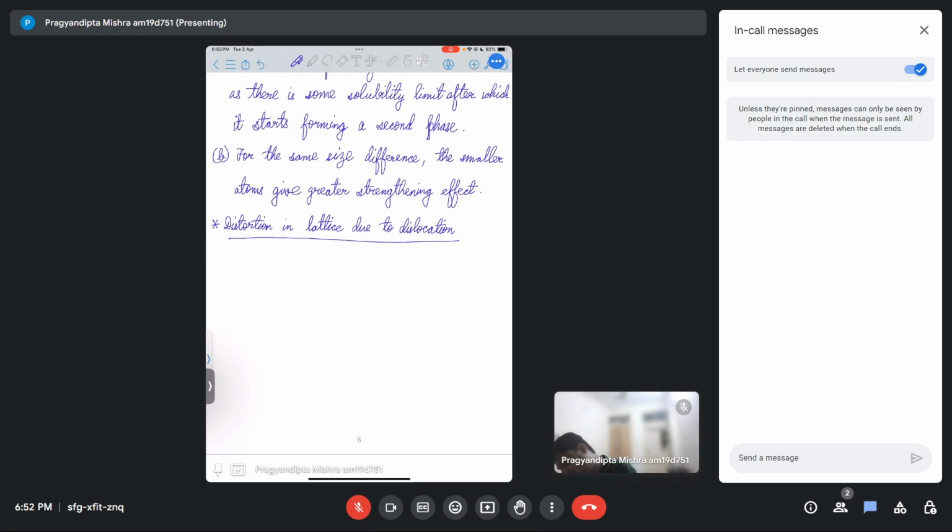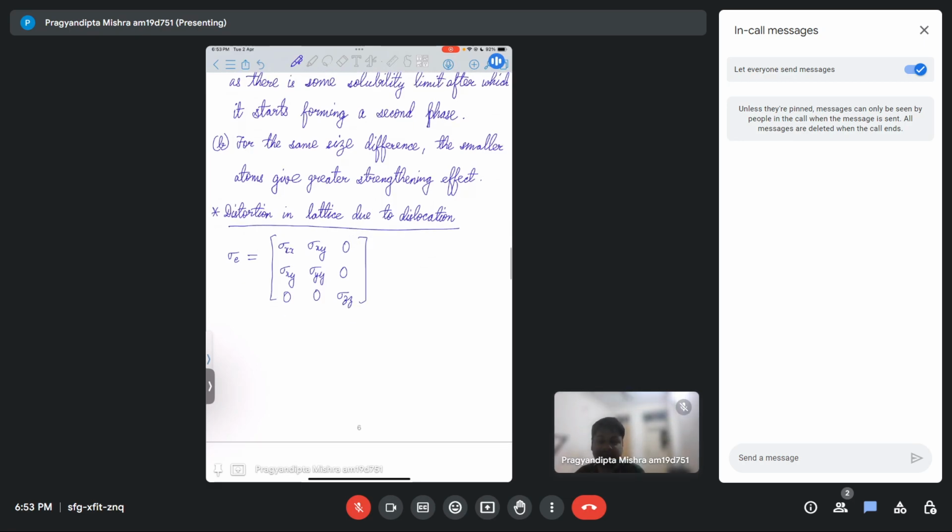How does the distortion field, or the stress field, look like? For edge dislocation, it will look something like this. We'll have the XX, XY, and YY components. All the Z components except the ZZ component will be 0. This is how our edge dislocation looks.